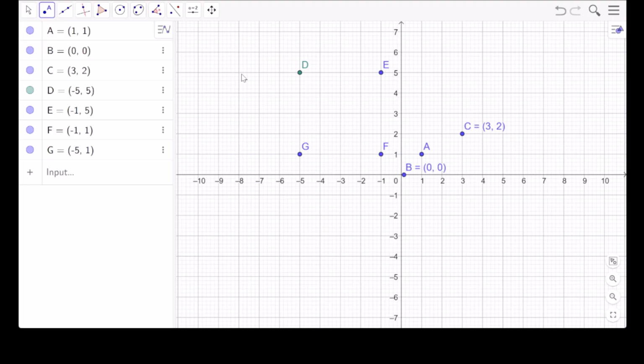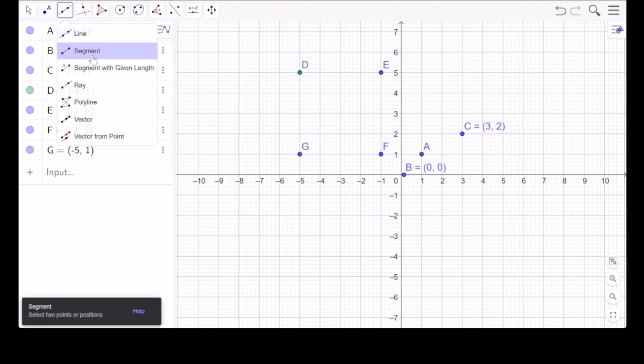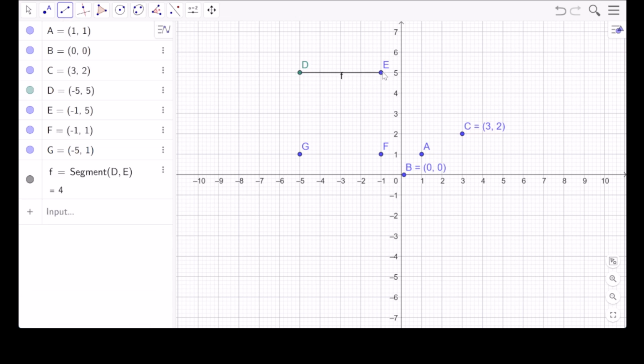And next we can get the distance between them. We'll go to the line segment tool. I'm joining D and E. What is the distance between D and E? So they will understand this is from minus 5, 1, 2, 3, 4. So this is 4 units.